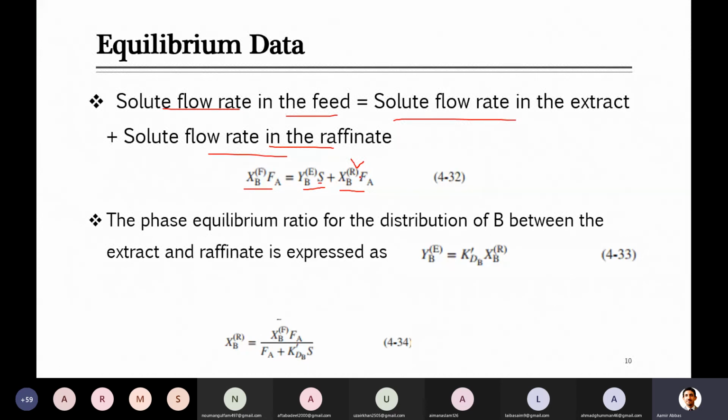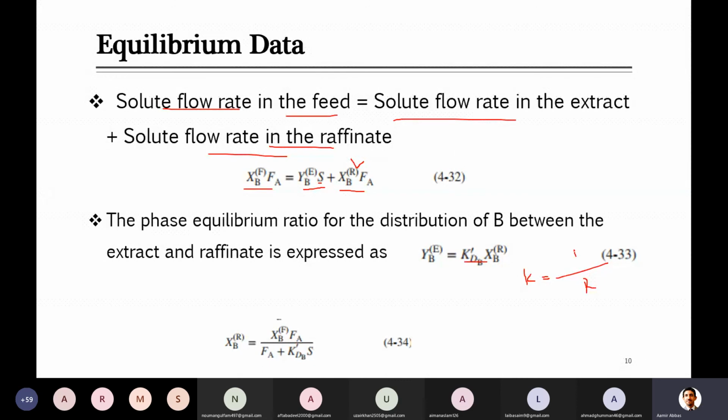The phase equilibrium ratio for distribution of B, because B is distributed between the extract and raffinate phase, can be represented as follows. If you recall, I told you the equation for K, and K was equal to the concentration of B in the extract to the concentration of B in the raffinate.